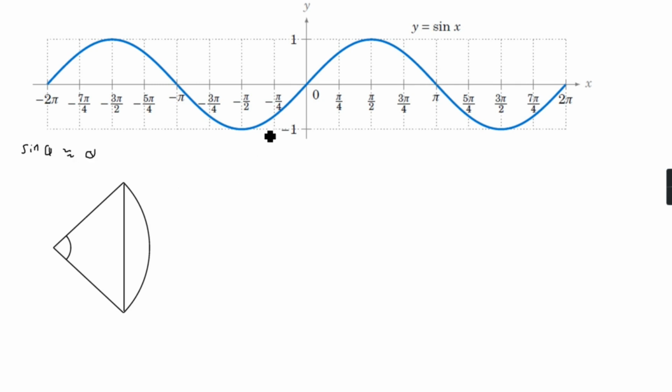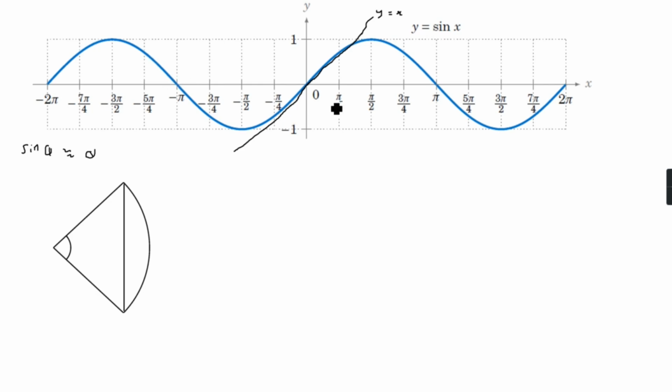Can I prove this? Well, let's consider the graph of y equals sine x, and let's say we also drew the line of y equals x. It's not the straightest of lines, but that'll do. So that's y equals x. Hopefully you can see that as long as we're near the origin, the graph of y equals sine x is approximately the line y equals x.